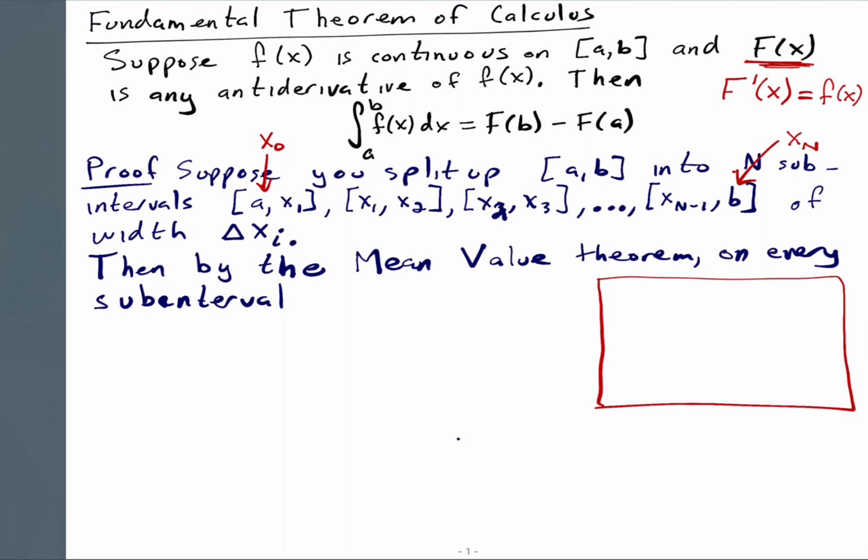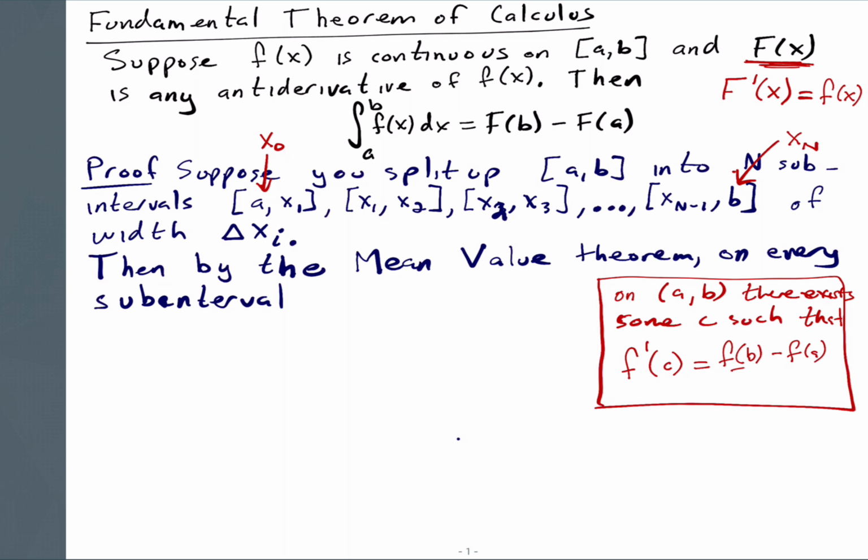Remember, the mean value theorem says that if f is continuous on some interval, there exists some number c such that f prime of c equals f of b minus f of a over b minus a.